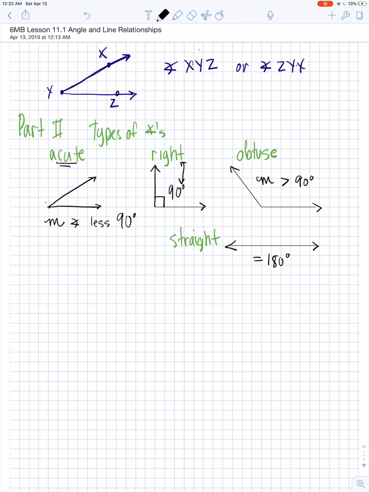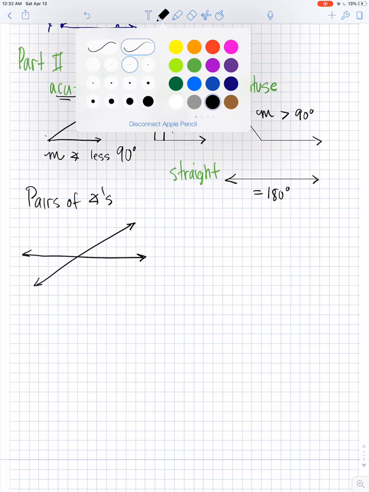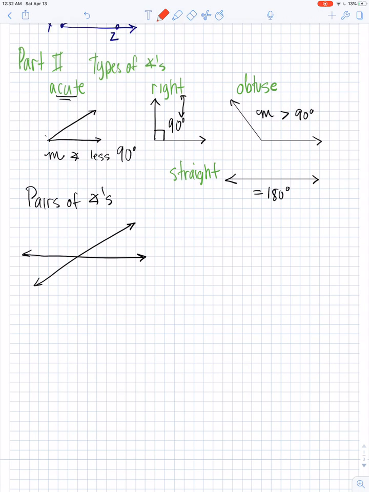And then let's also talk about the fact that not only do we have angles, but we have pairs of angles. And there are some special angles that are created by intersecting lines. So if I have two straight lines and they intersect one another, they create two sets of pretty special angles. So I'll go ahead and name these angles inside these two intersecting lines, and I can tell you about vertical angles.